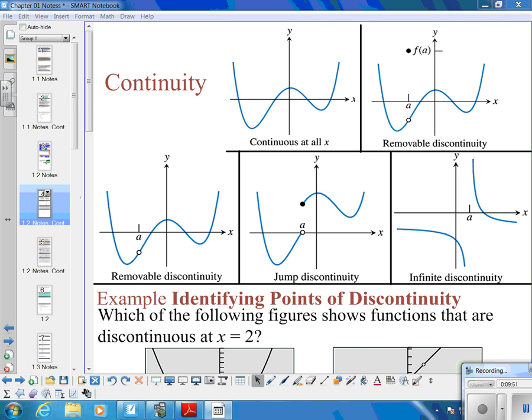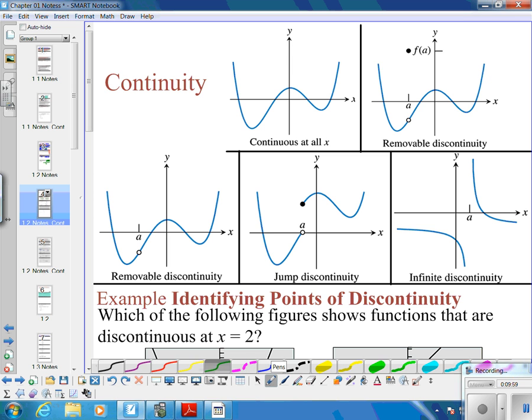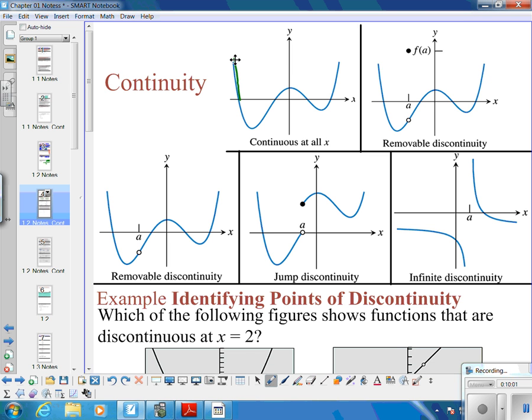Basically, if you look at the top left graph here, it's continuous if you can put your pencil down on the paper, follow the graph, and draw the whole graph without having to pick up your pencil. That's considered continuous. If it's not continuous, then you have to pick up your pencil to complete the graph and put it back down.